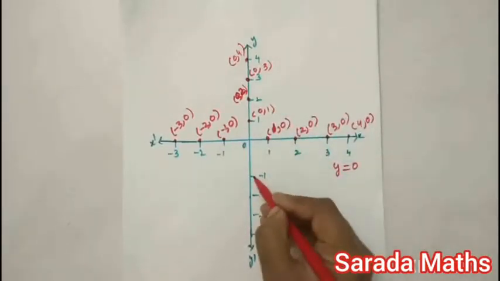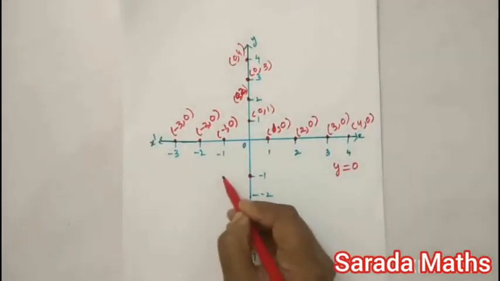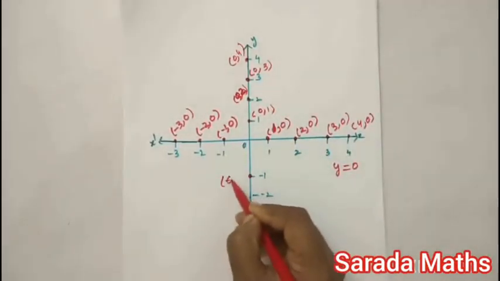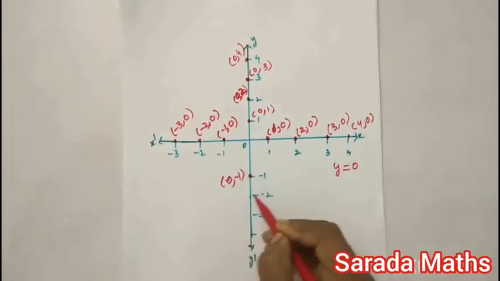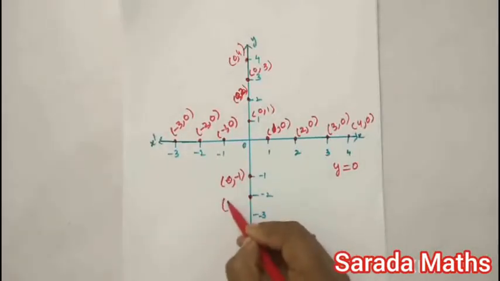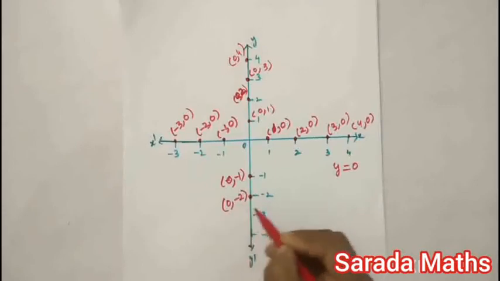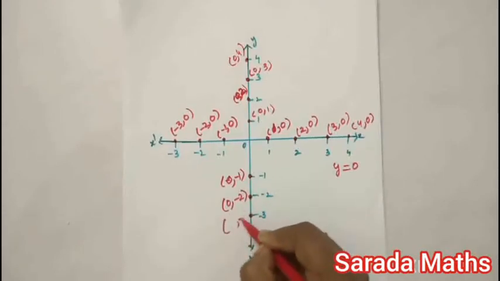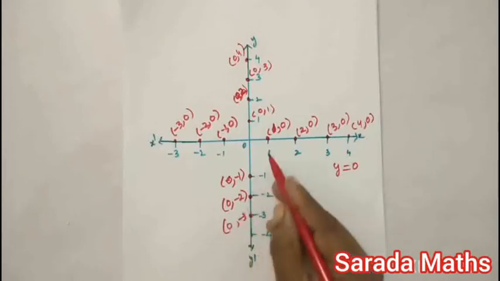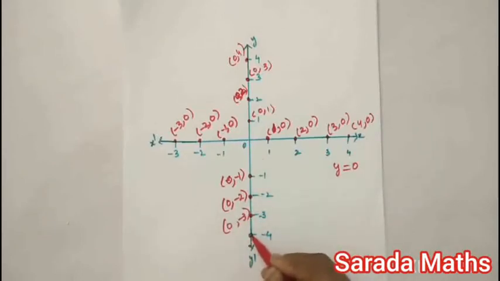Now here it will be 0, -1. Here it will be 0, -2. Here the coordinate of y is -3 and x is 0. Is it not? So the coordinates of this point will be 0, -4.